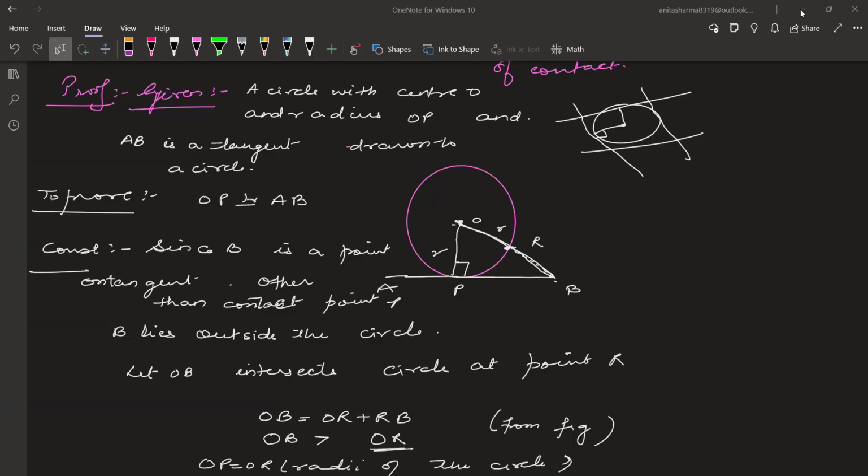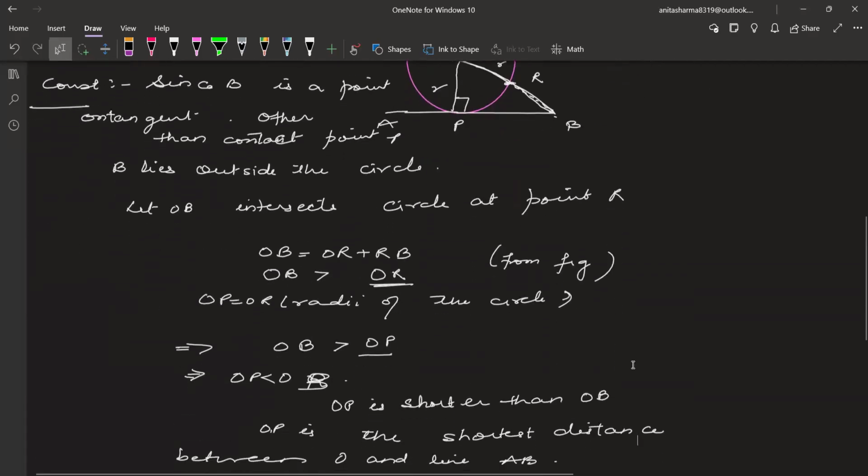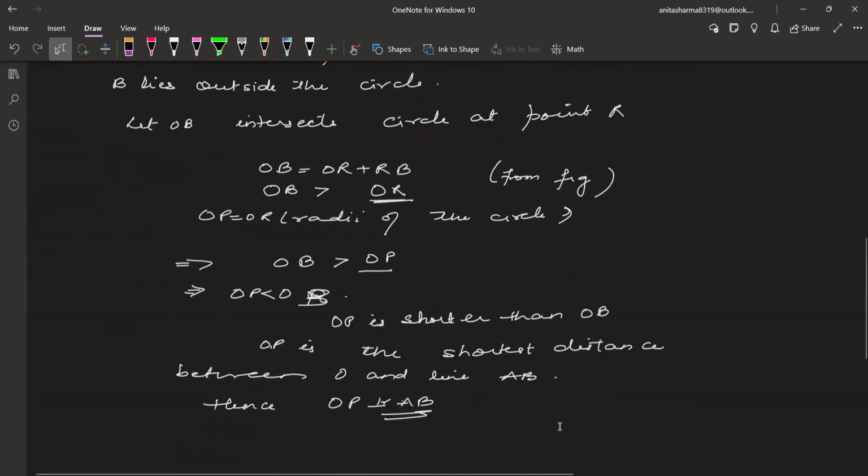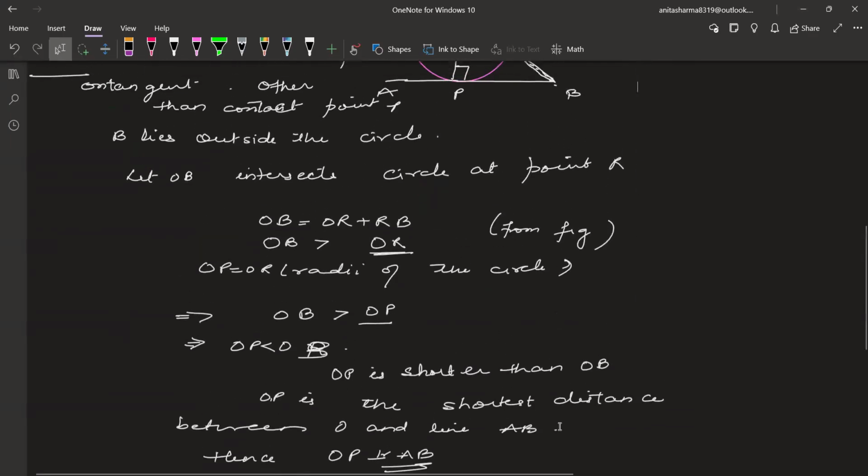Ma'am, can you scroll down a little? Yeah, beta. Done, ma'am. I'm a bit one line up. Okay. Abhinav, written?